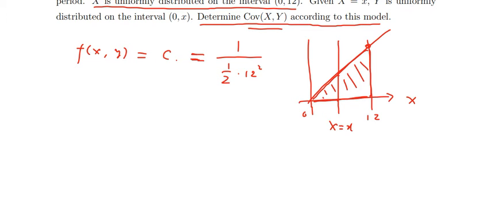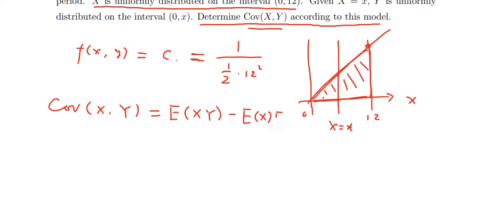We need the covariance of X, Y, which equals E[XY] minus E[X] times E[Y]. At first we can say X and Y are the same, so we just need to find E[X], and we need to find E[XY].